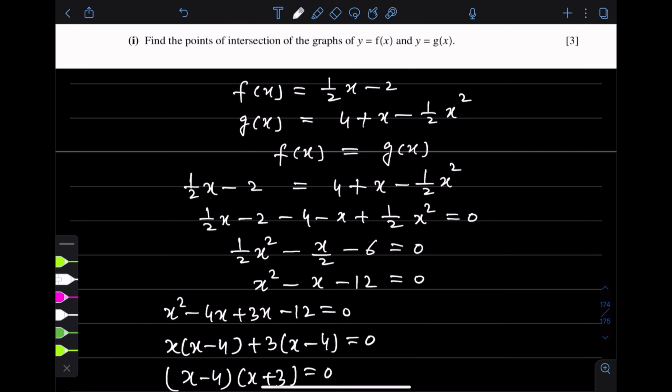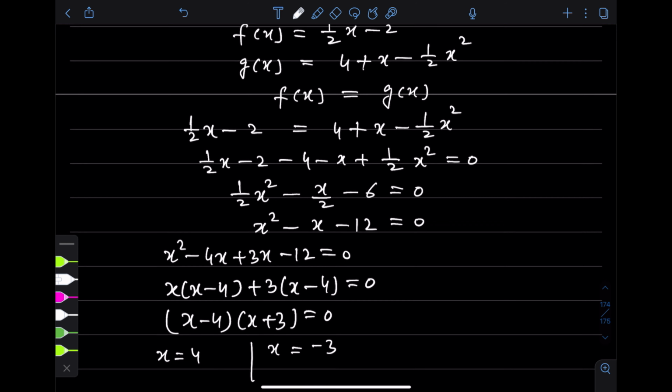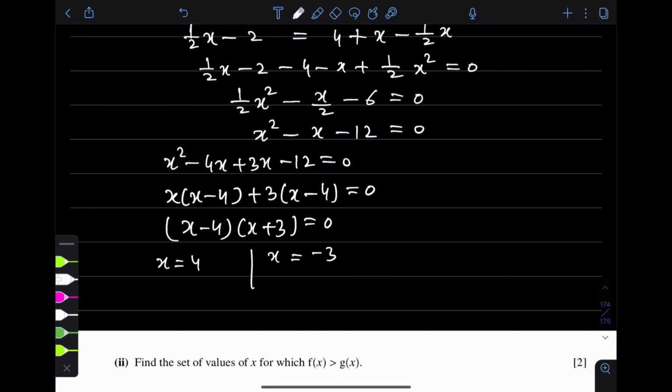Putting this in f(x), in any function you can put this value of x to find the value of y. y is equal to 1 over 2x minus 2. Putting this value of x 4, we get y is equal to 0.